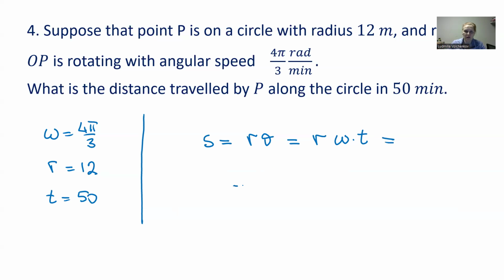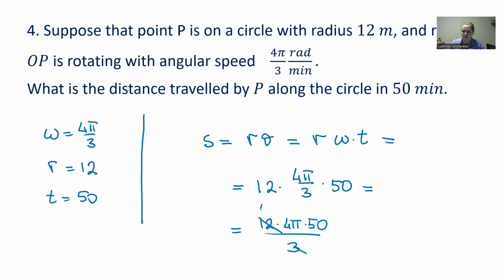So we just multiply the values, 12 times 4 pi over 3 times 50. It's 800 pi.